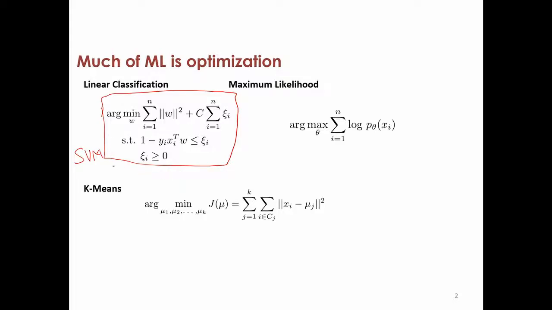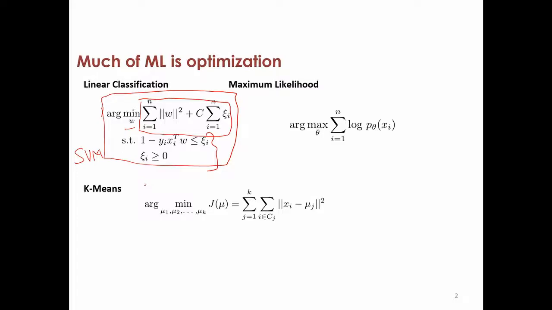After you do all the maths or all the modeling and everything, your job is finally to estimate this set of parameters w by minimizing this objective function, subject to this set of constraints.